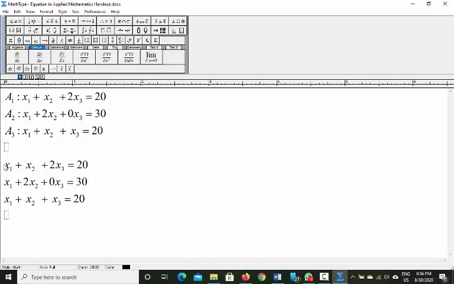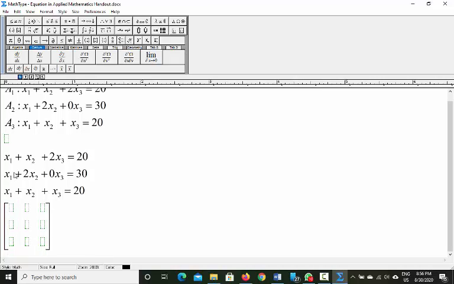So to solve this set of equations using the inverse matrix method, first of all we need to get the coefficient matrix. Here, this is the first equation.